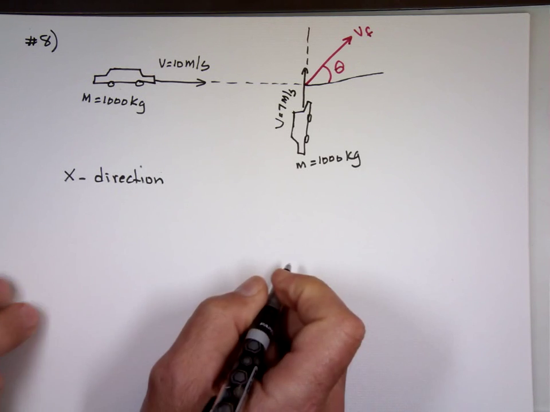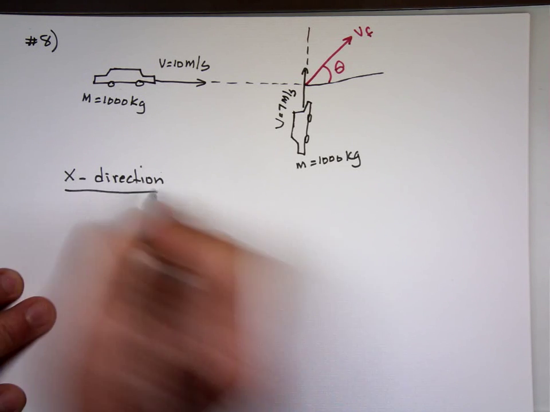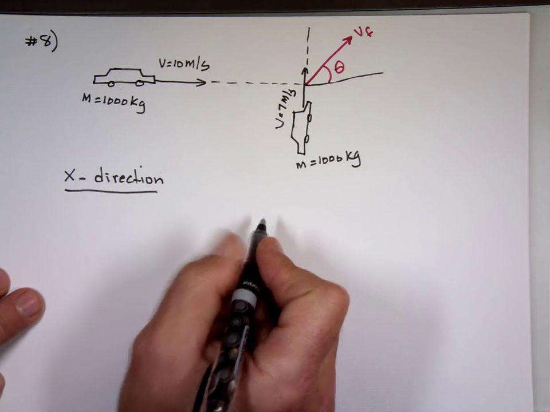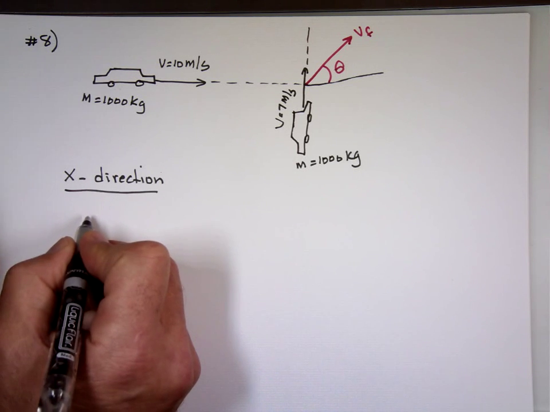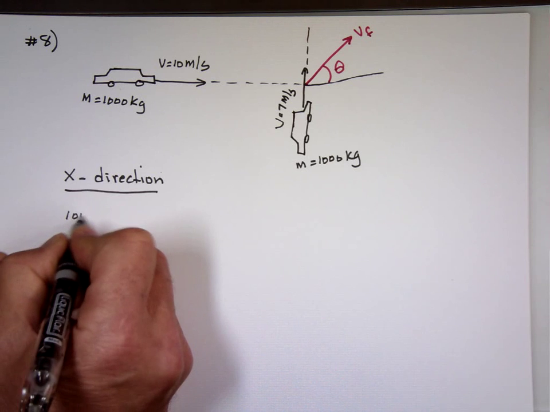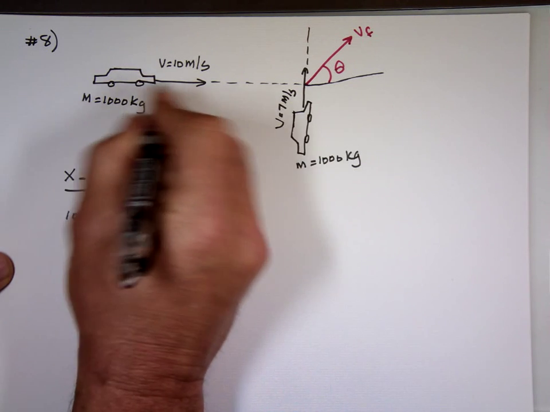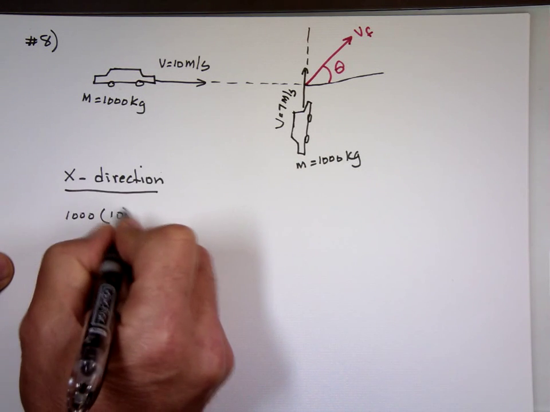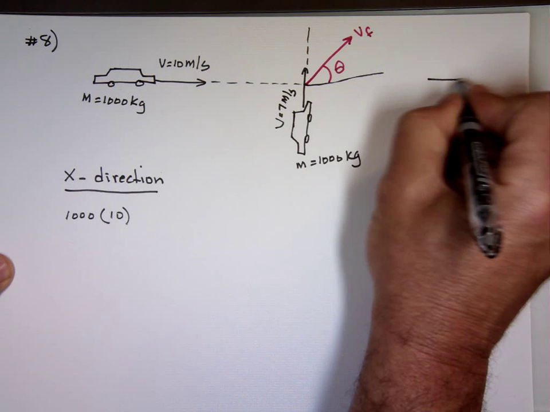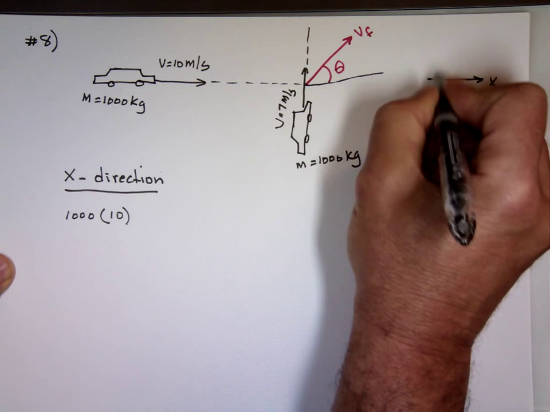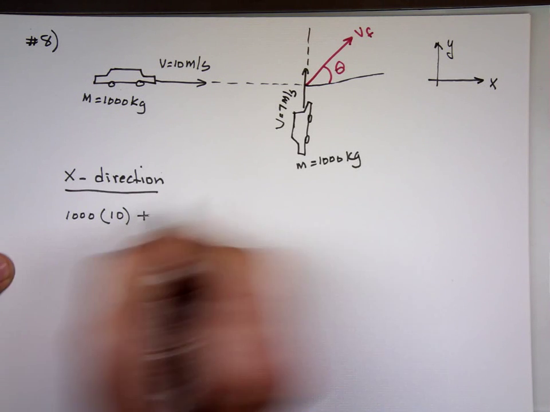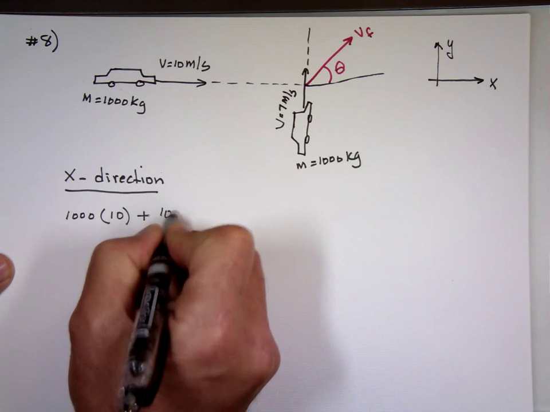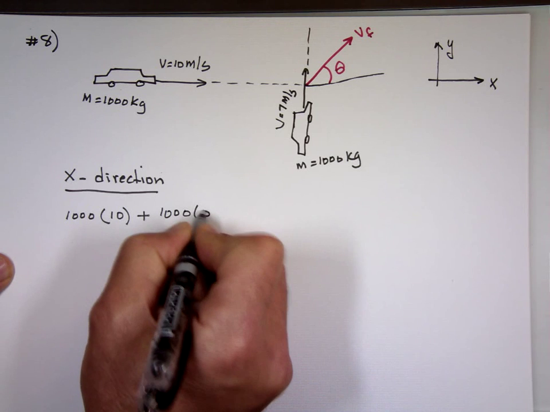In the x direction, the linear momentum is a vector, so it's the mass of this car, 1,000, times the velocity of this car in the x direction, which is 10. I'm using this way as x positive, this way as y positive. Plus the mass of this car, 1,000, but in the x direction it has a velocity of 0.